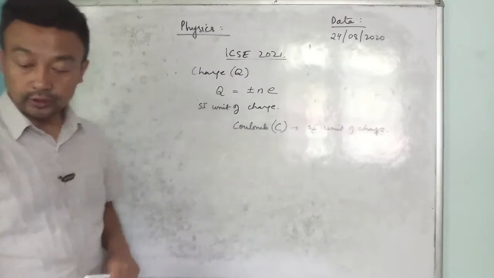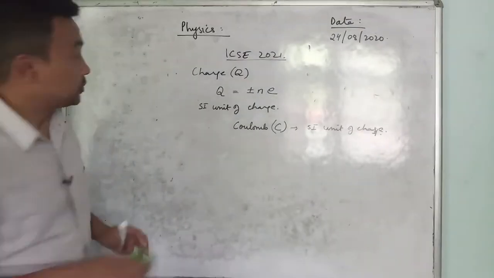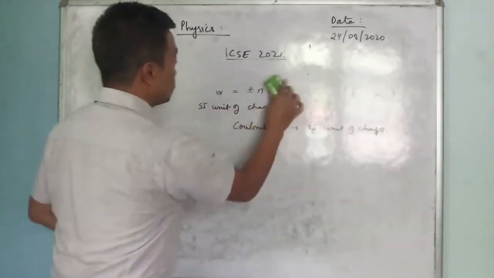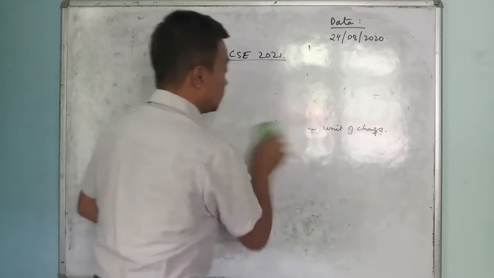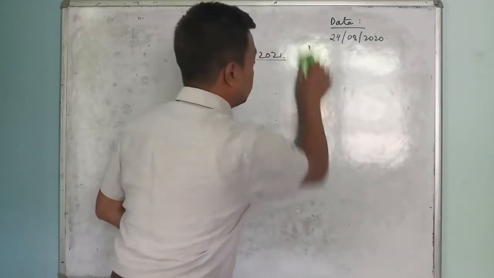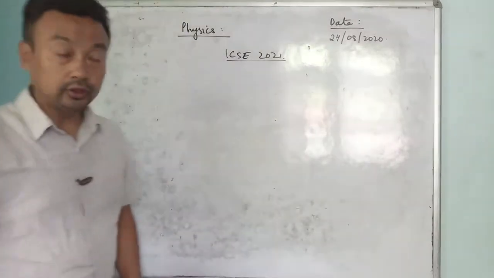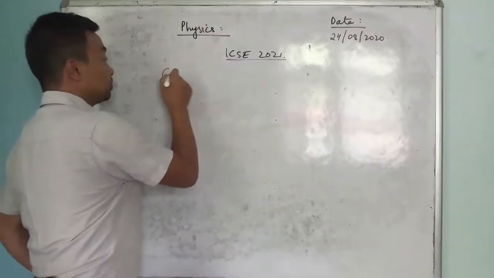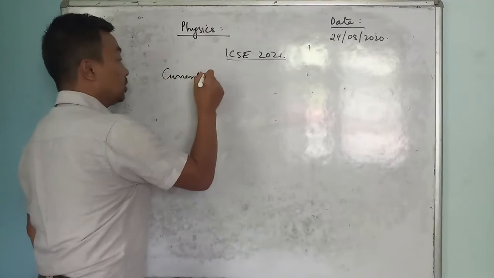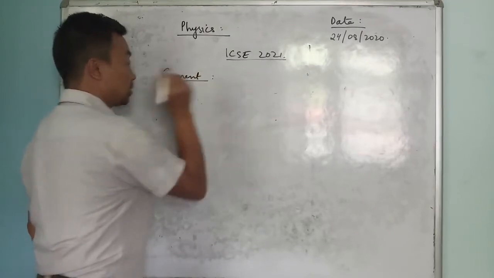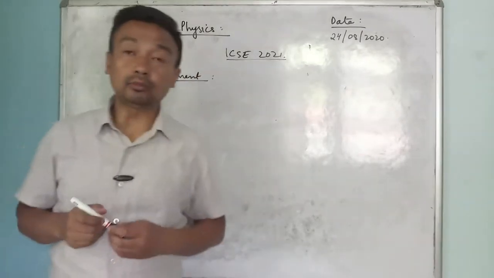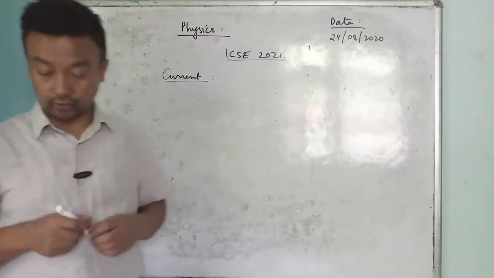So now let us come to the next topic, that is the current. Current is the next physical quantity. It is nothing but the rate of flow of charge.